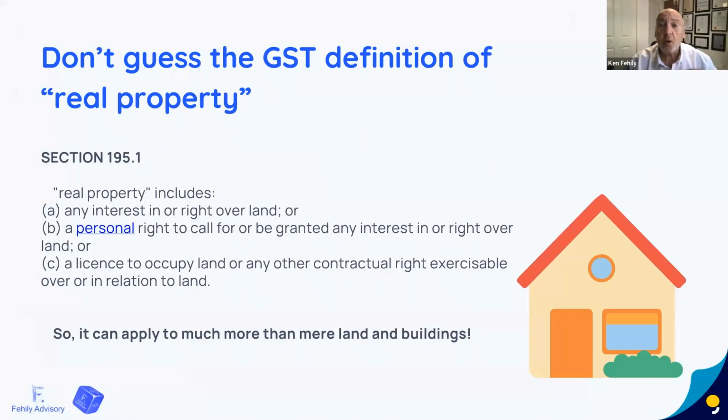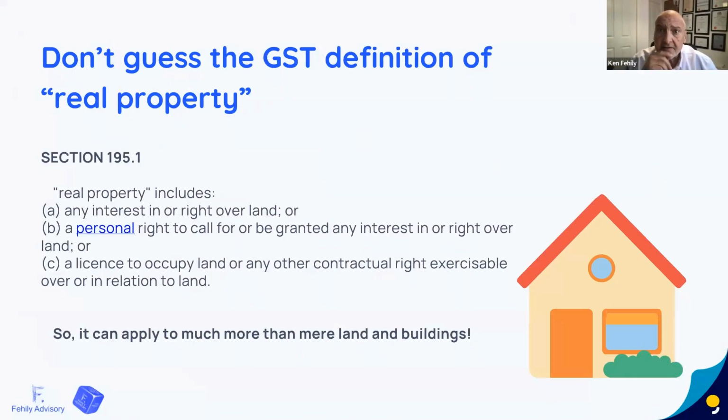Real property is what it ordinarily means under common law, but it also includes any interest or right over land, a personal right to call for a grant of any interest, a license to occupy land. If I just have permission to step on your land so I'm not trespassing, that's real property. So it can apply to much more than land or buildings.